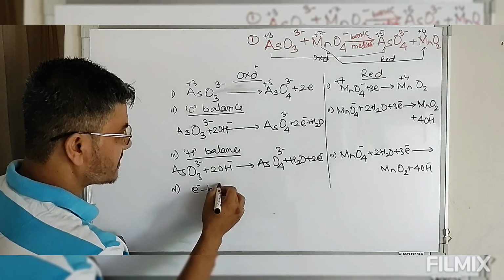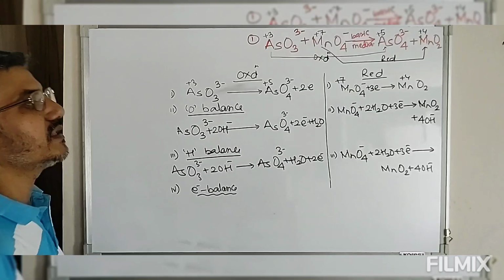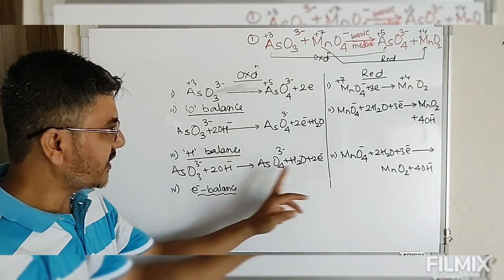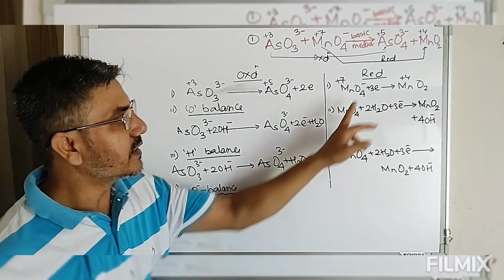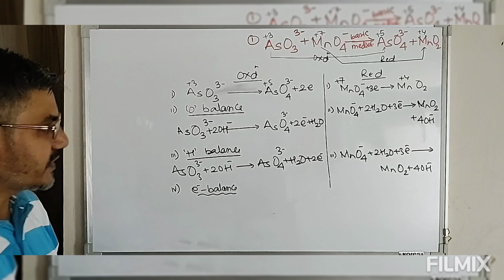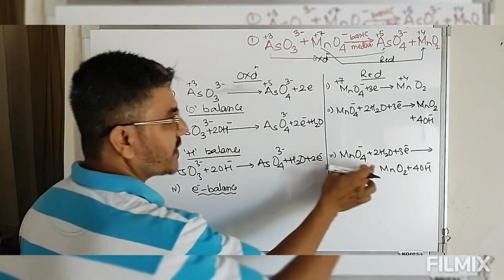We have to balance the number of electrons in both this oxidation half and reduction half. So now look at this. Oxidation half, we have 2 electrons involved. Reduction half, 3 electrons are involved. So we have to balance. So what we can do is, we can balance this by 3 and this by 2.